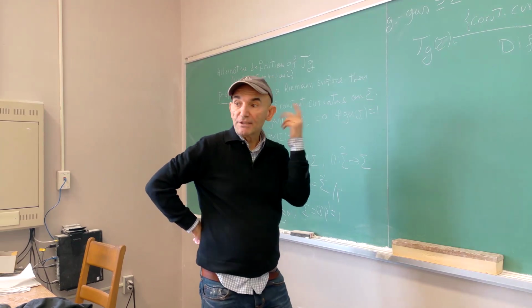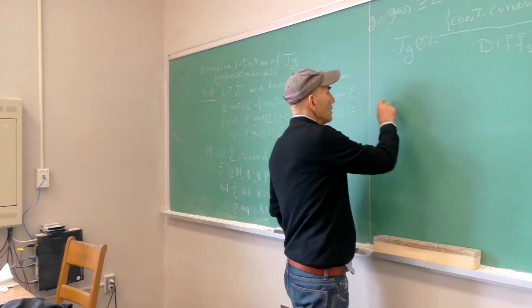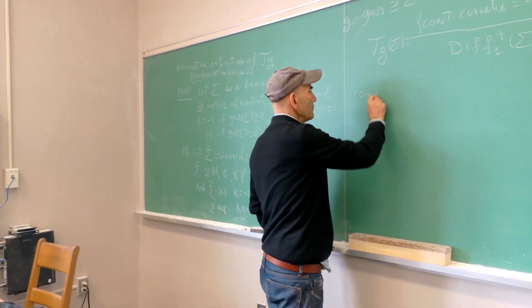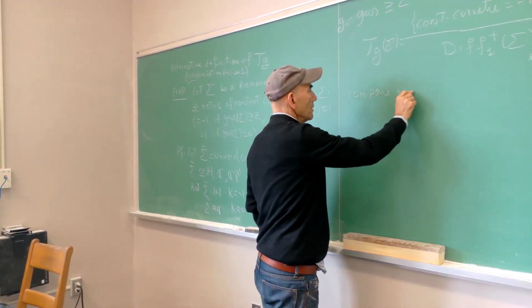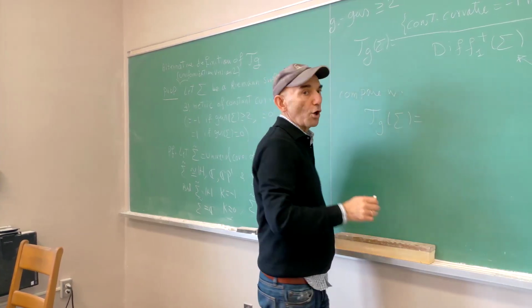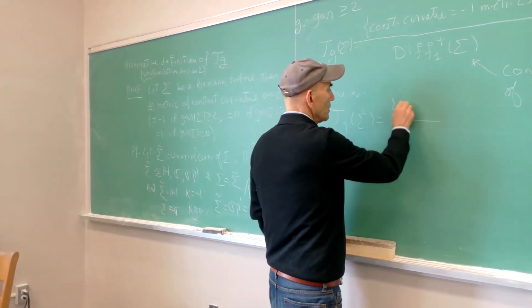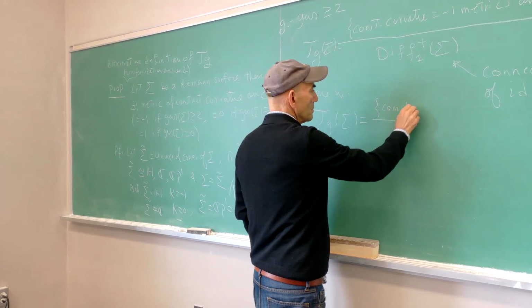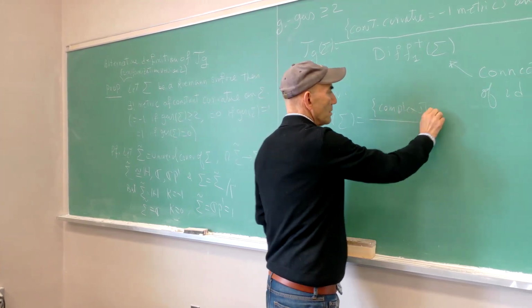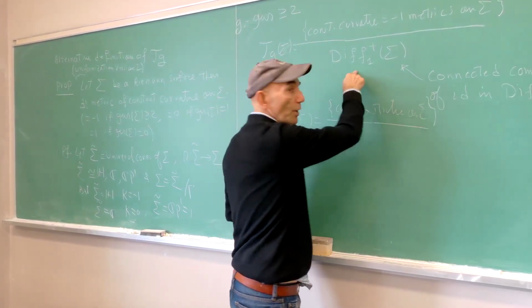Remember, before we defined it differently. Compare with the first definition: T_g of sigma was all complex structures on sigma, divided by this group.